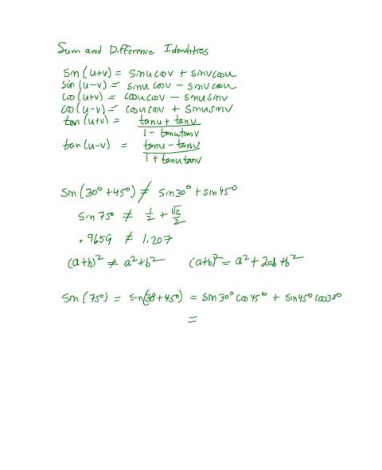Sine of 30 degrees is a half. Cosine of 45, square root of 2 over 2, plus sine of 45, square root of 2 over 2, cosine of 30, square root of 3 over 2. So I have square root of 2 plus square root of 6 all over 4.